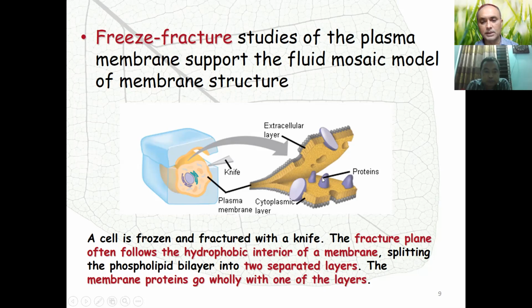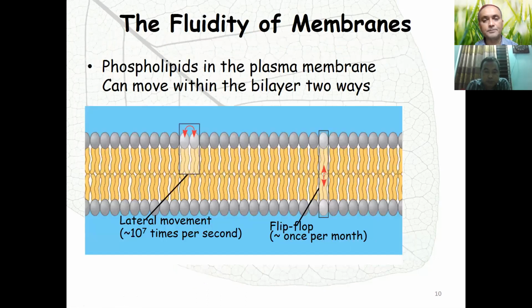Here you can see the proteins and one layer of lipid and another layer of lipid, and here is the cytoplasm. A cell is frozen and fractured with a knife. The fractured plane often follows the hydrophobic interior of a membrane, splitting the phospholipid bilayer into two separated layers. The membrane proteins go wholly through the membrane.